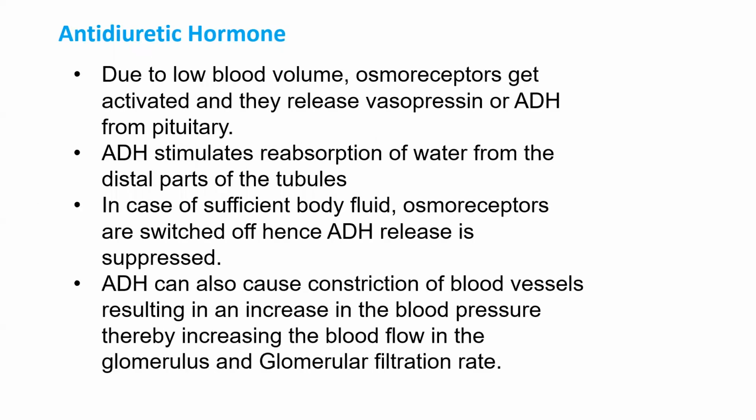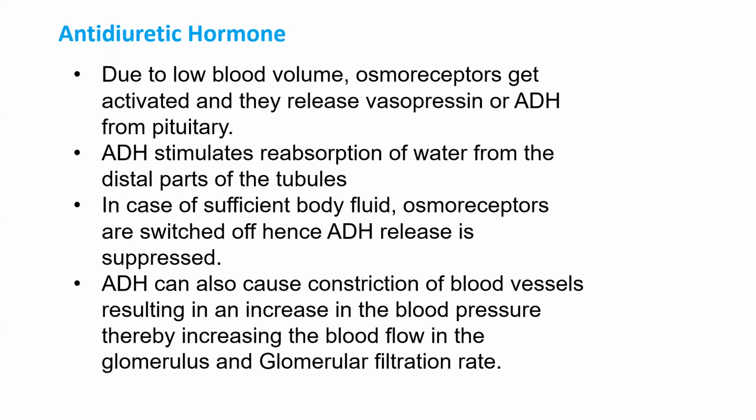So let's talk first of all about how antidiuretic hormone actually acts. Here what we see is that due to low blood volume, what happens? There are some osmoreceptors, right?